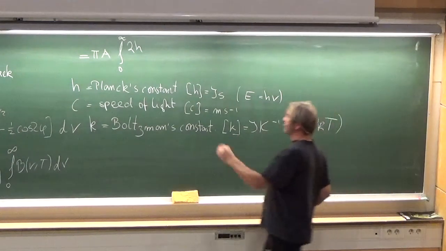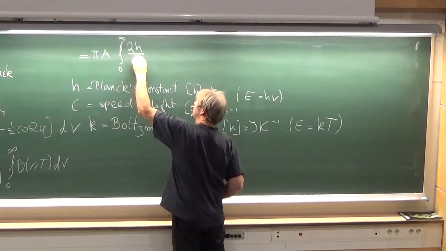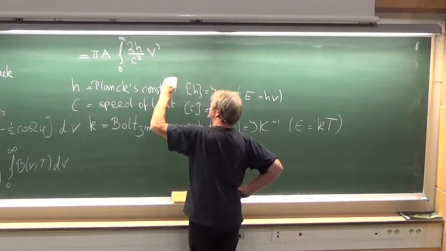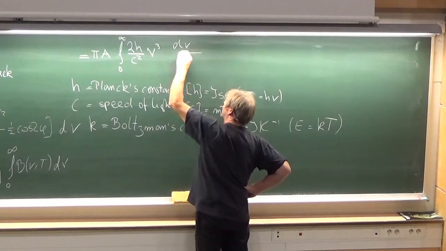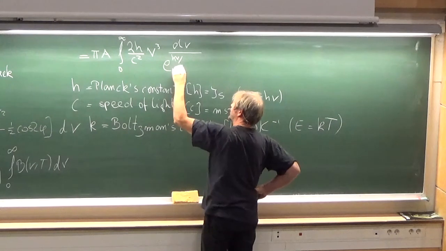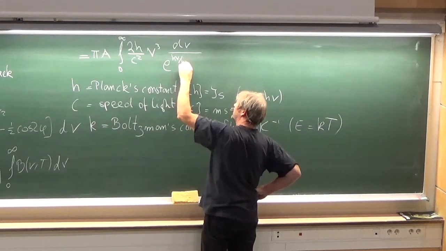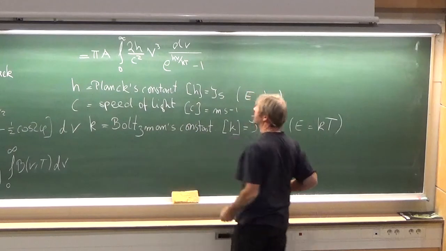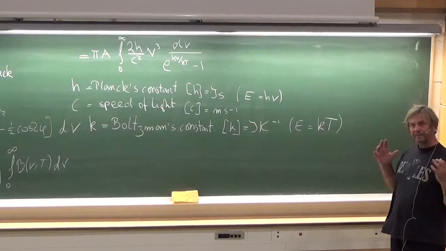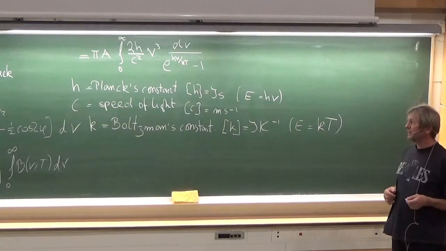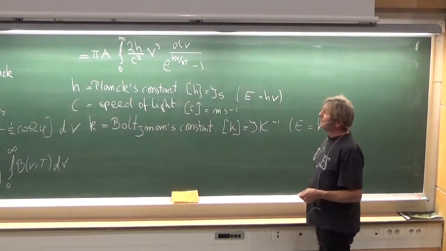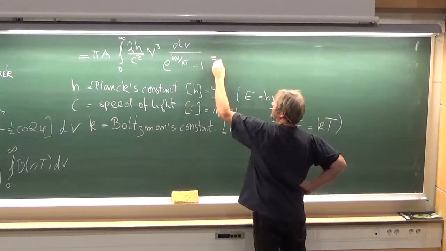Okay, so we have this formula, c squared, and then we have the frequency to the third power. You see that this is dimensionless in the exponent here. So that will be the total power radiated by the black body with surface area A and temperature T. Okay, let's just put stuff outside here.